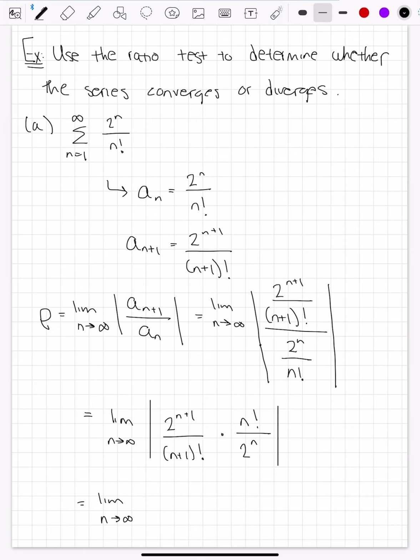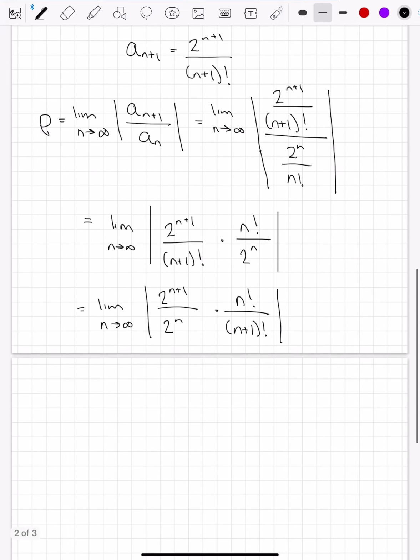So this becomes the absolute value of 2 to the n plus 1, and I'm going to put the 2 to the n on this side, times n factorial over n plus 1 factorial. It doesn't matter the order that you multiply in.